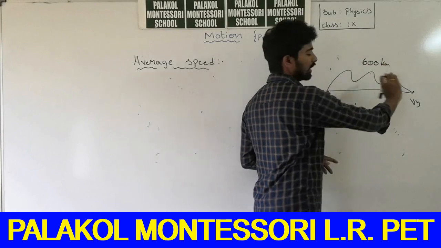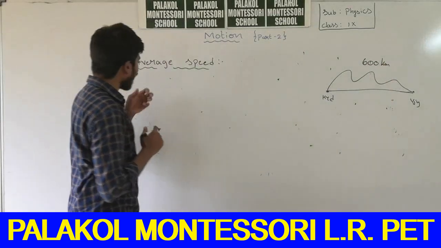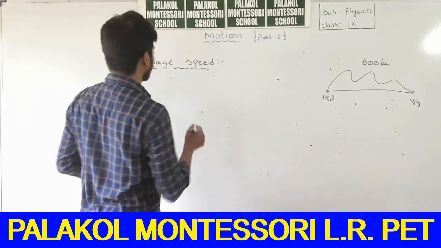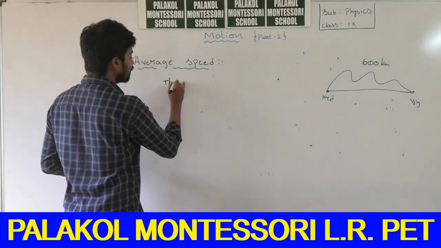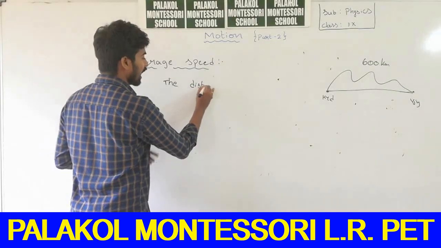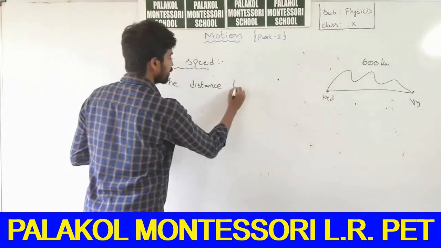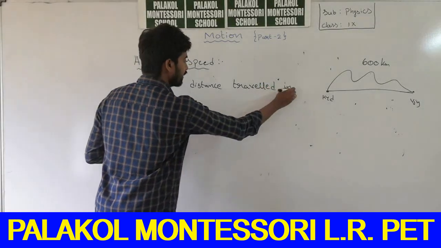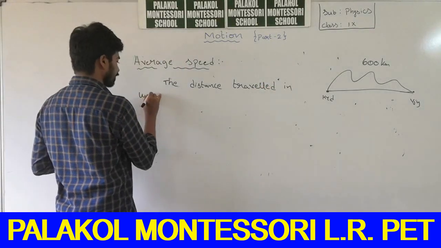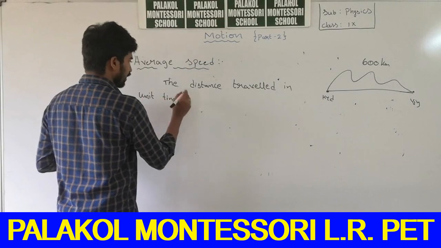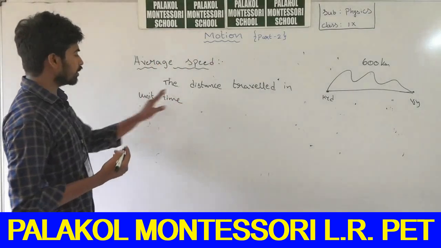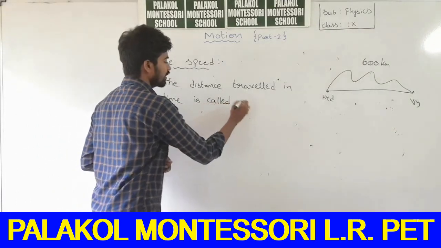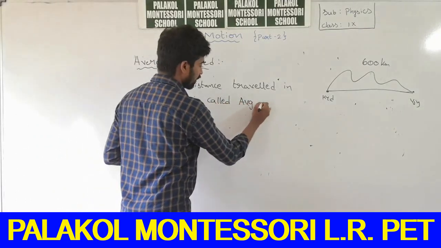The average speed will give the distance travelled in unit time. Average speed, the distance travelled in unit time, is called average speed.